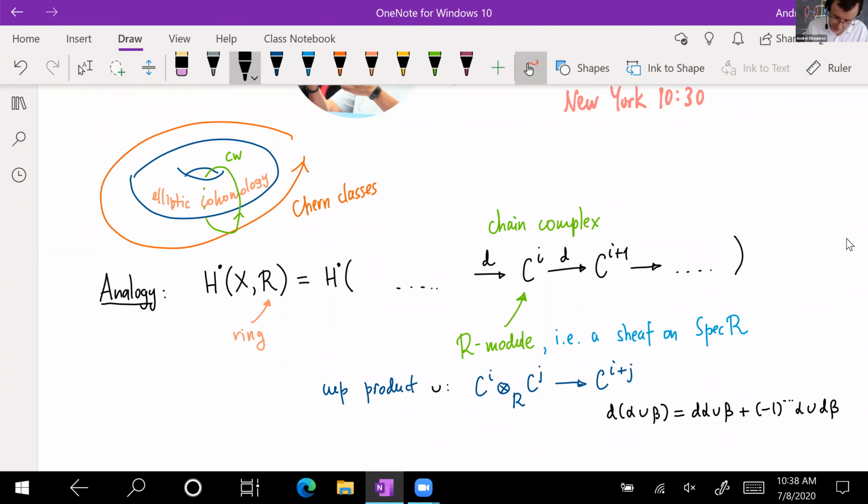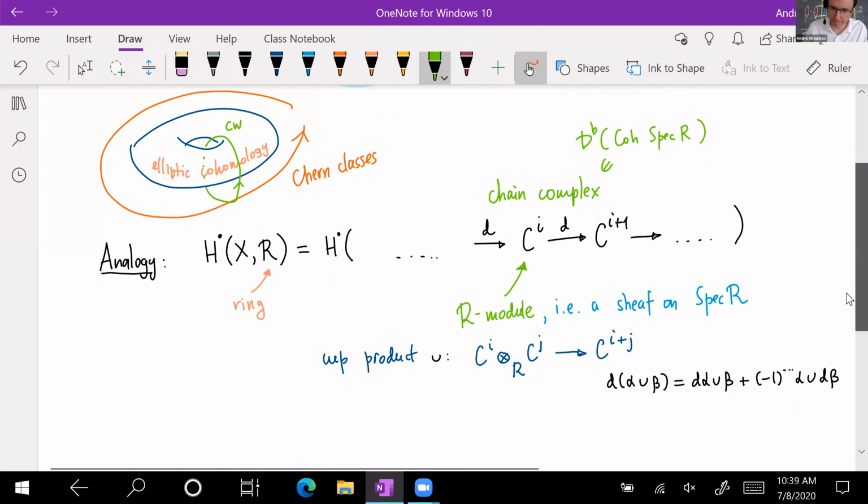So we take homology. It's usually this complex that is much more fundamental. So this chain complex is really an element in the derived category of coherent sheaves on the spectrum of R. That's much more important than individual cohomology.